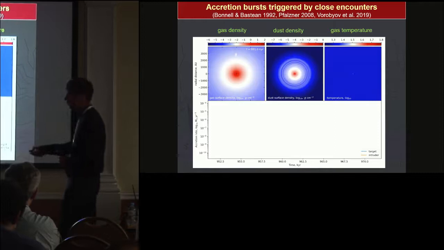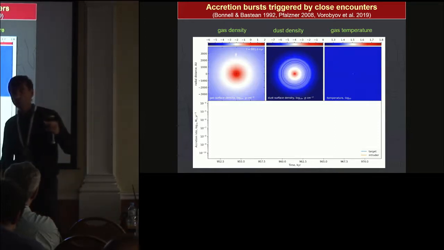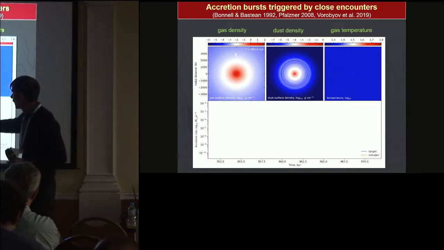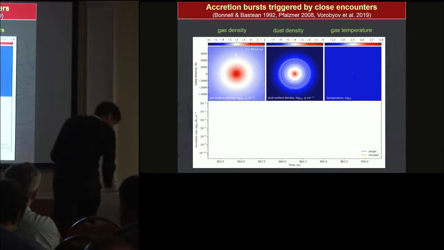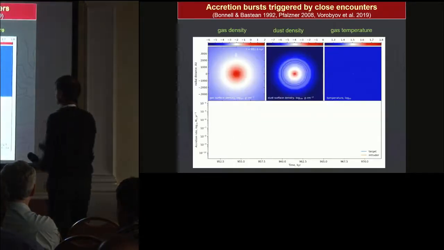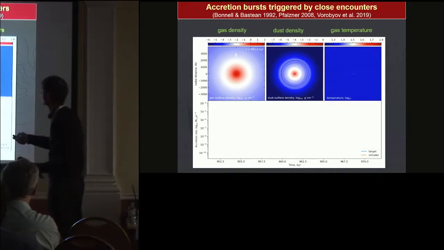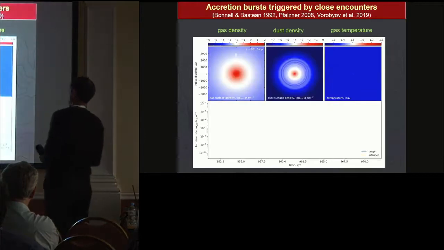And at the bottom, you'll see 2 curves. One is the accretion rate onto the intruder, which is here, and one is the accretion rate on the target. So let's see what's going to happen in this case.